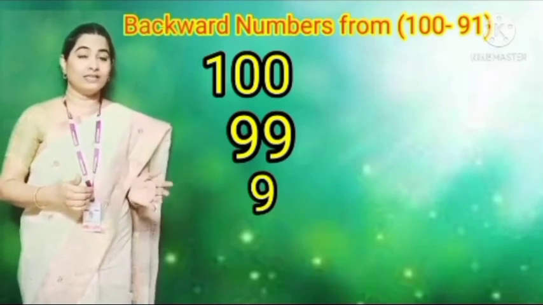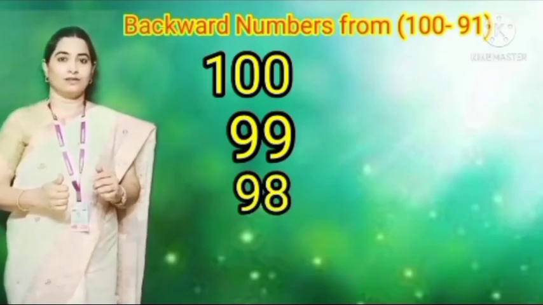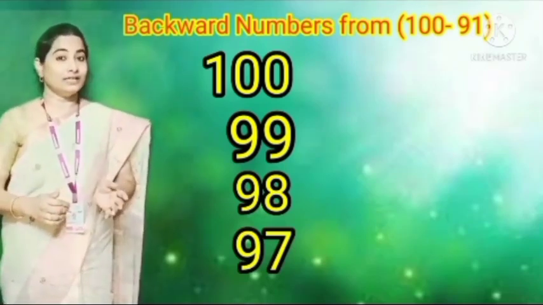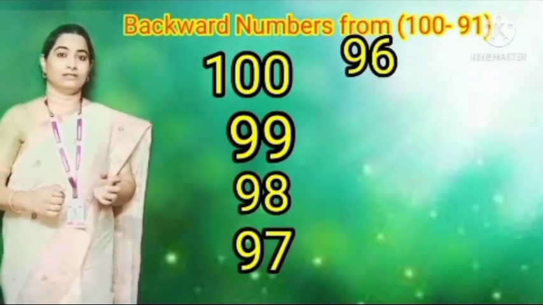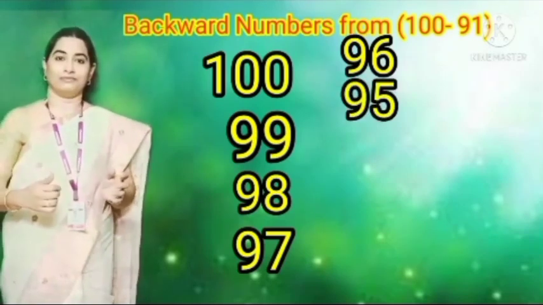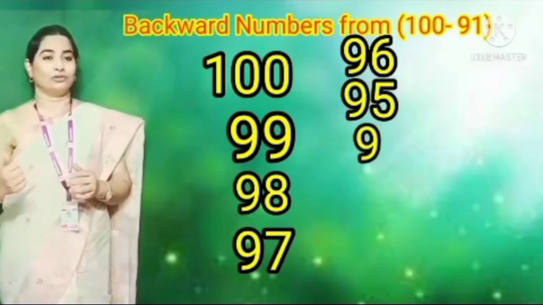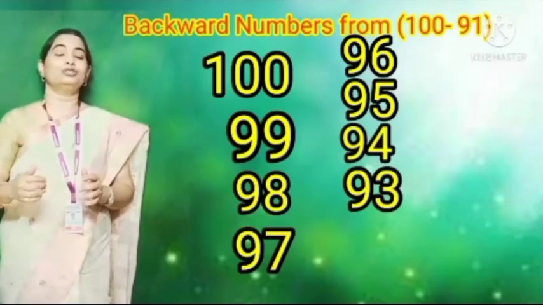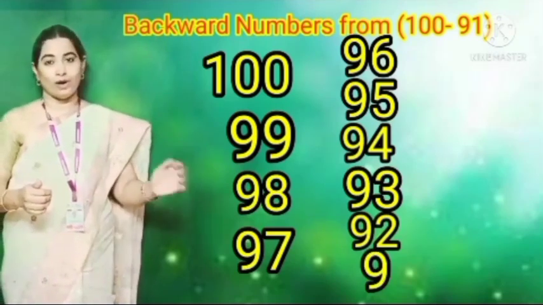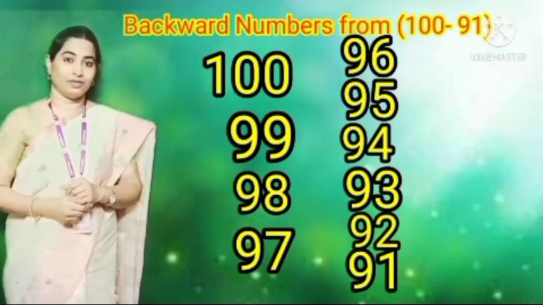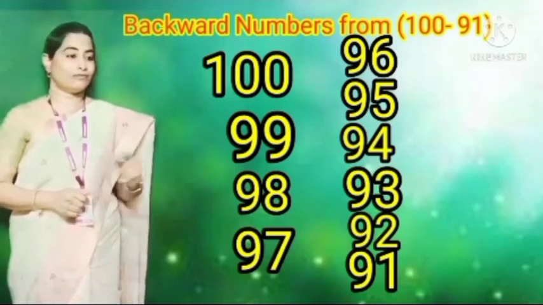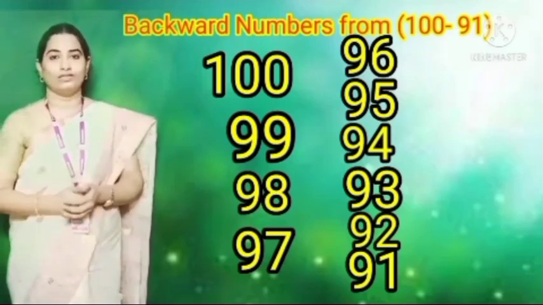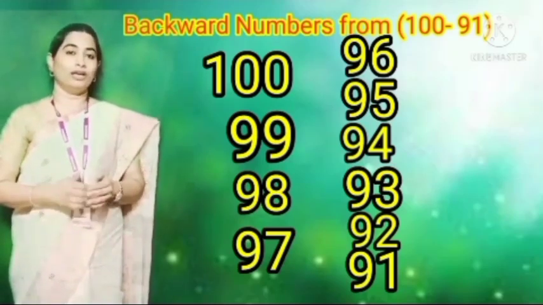Next, 98, 97, 96, 95, 94, 93, 92, 91. It's already there. So we have written numbers from 100 to 91. That is backward numbers. So we'll move on to the next now.